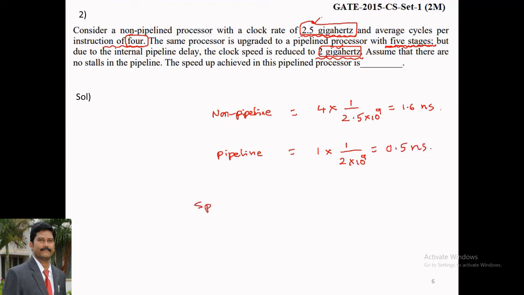Now what is the speed up? Speed up equals the time taken to execute one instruction in non-pipeline, 1.6 nanoseconds, divided by the time taken in pipeline, 0.5 nanoseconds. Speed up equals 3.2.